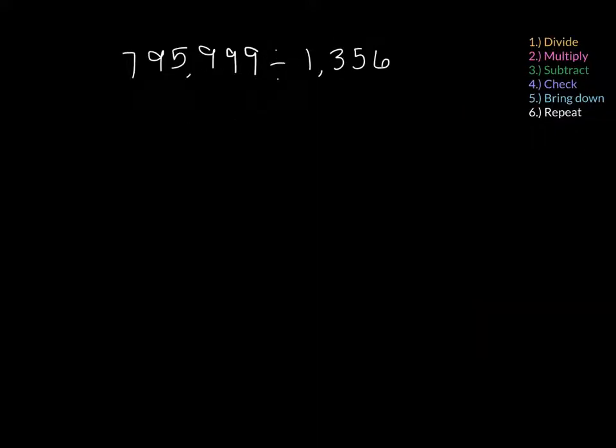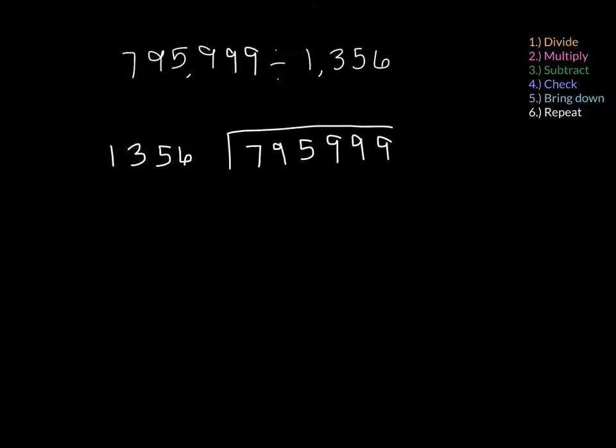Okay, another example here, our dividend, our first number, 795,999 divided by the divisor, which is 1,356. And we do have 4 digits, so let's check our first 4 digits, and that is smaller than 1,356.